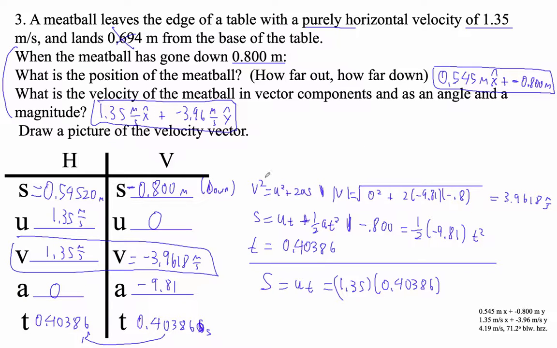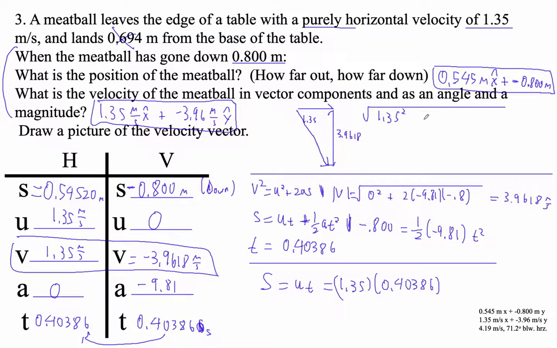And then if we have to draw that as an angle magnitude vector, that's over and down. So that's 1.35, and this one is 3.9618.